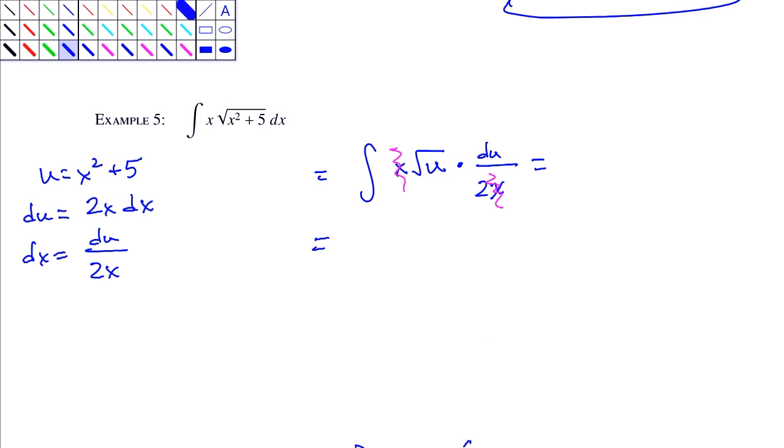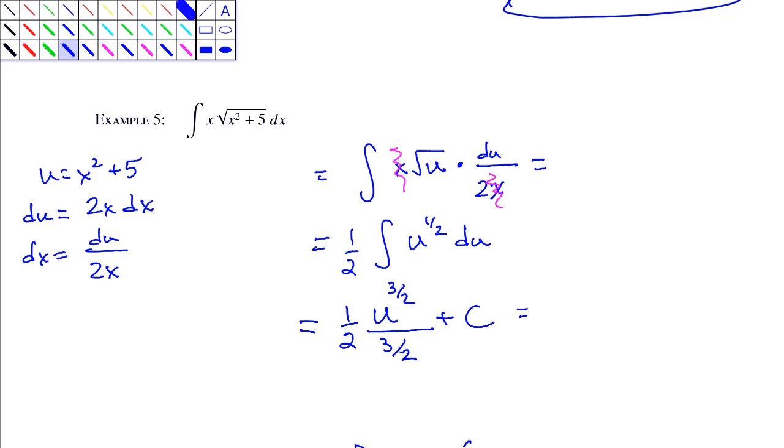So what would this be? 1/2 comes to the front. Integral of u to the 1/2 du. Raise the power by 1. So u to the 1/2 becomes u to the what? 3/2, divided by 3/2, plus c.